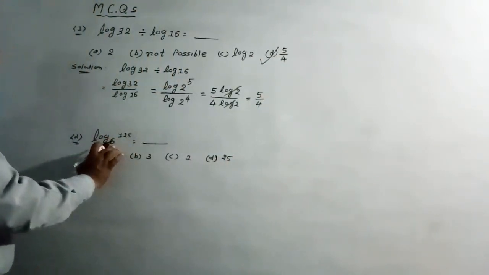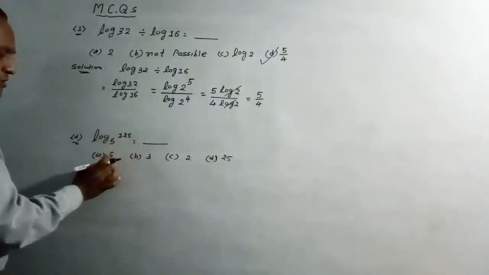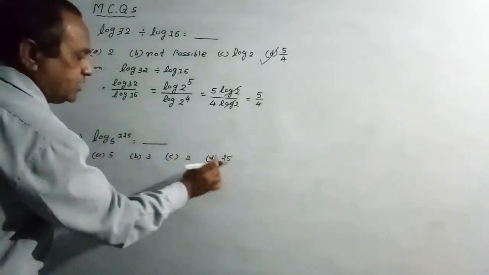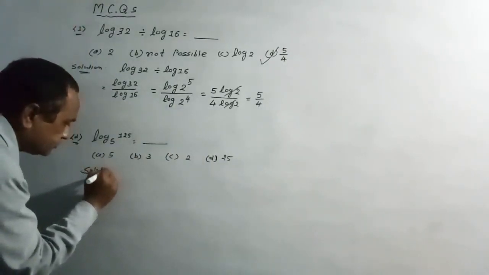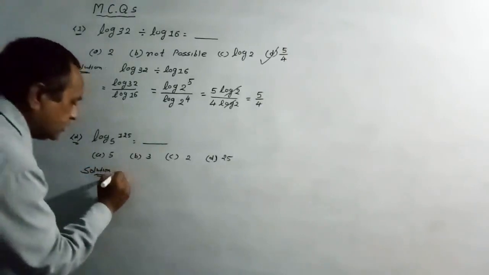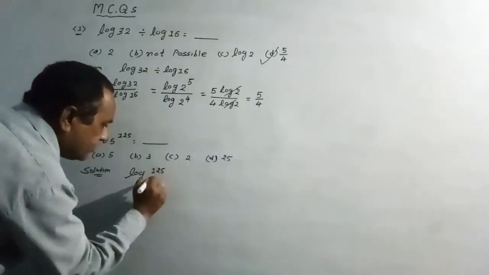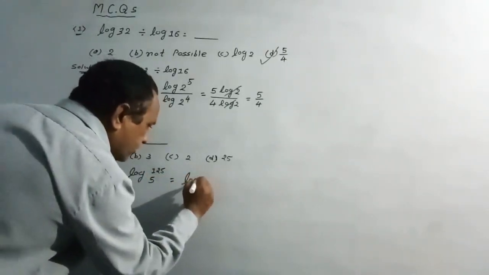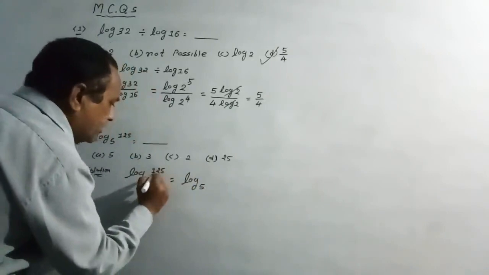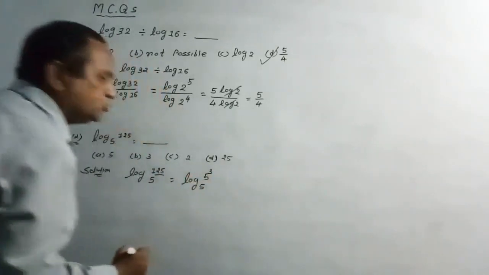Second, log 125 base 5, with A, B, C and D as options. So now the solution. Here given log 125 base 5. Now here 125 factor is 5 cube.